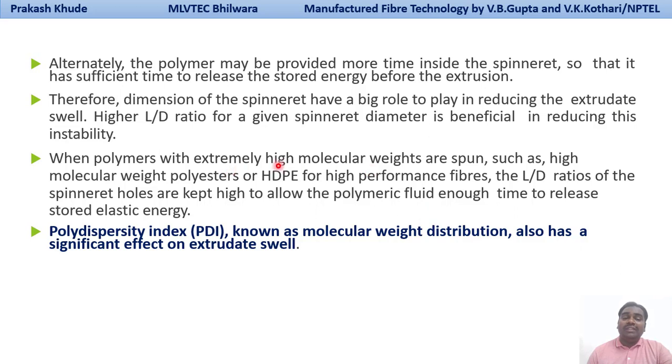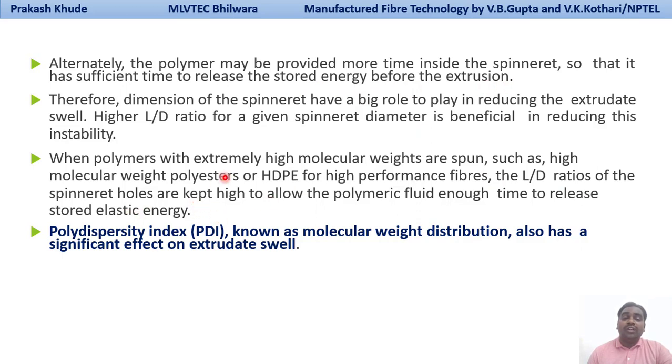When polymers with extremely high molecular weight are spun, such as high molecular weight polyester or HDPE, in that case the length to diameter ratio of your spinneret holes needs to be kept high to allow the polymeric fluid to release its stored elastic energy before extrusion.